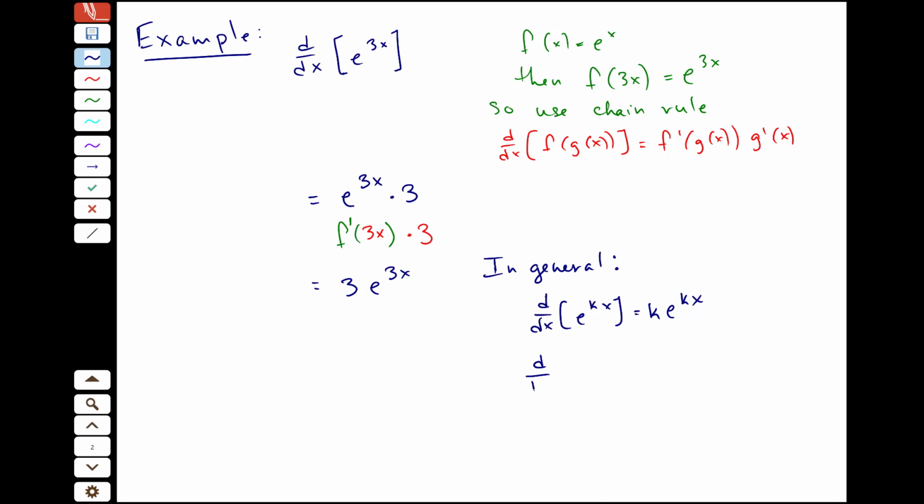And more generally, anytime we have e raised to some function, g of x, when you take the derivative of that, you don't change the exponential function. It is its own derivative, but because of the chain rule, we multiply by the derivative of that g of x. So this is what the chain rule looks like for exponential functions. This is the chain rule for e.